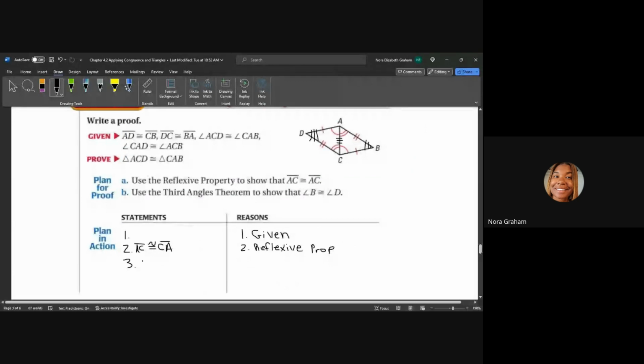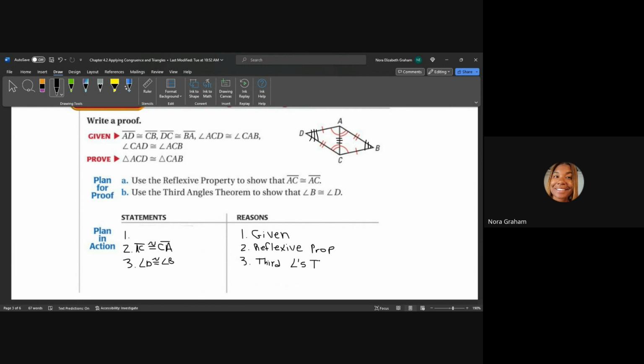So we could argue that angle D is congruent to angle B, and this is by the third angles theorem.